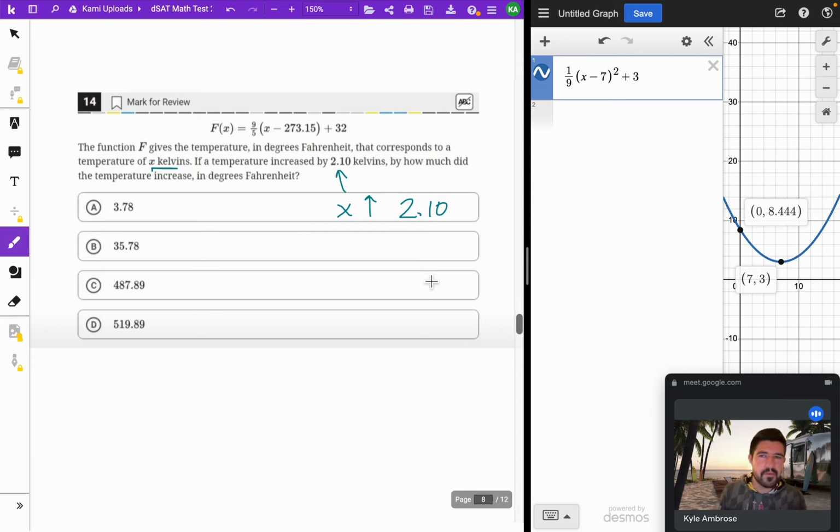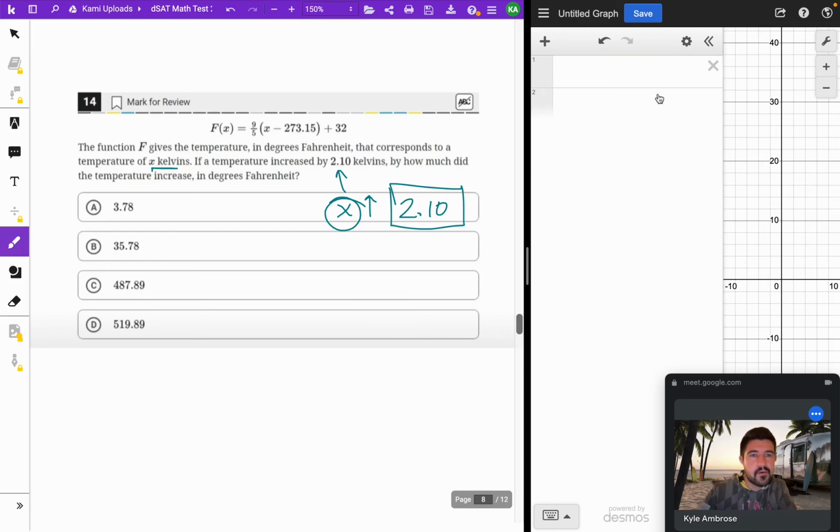The easiest way, I think, is to pick two different x values that differ by 2.10. Pick one Kelvin temperature, it doesn't matter, and then try it again, but increase the temperature by 2.1. I'll show you what happens.